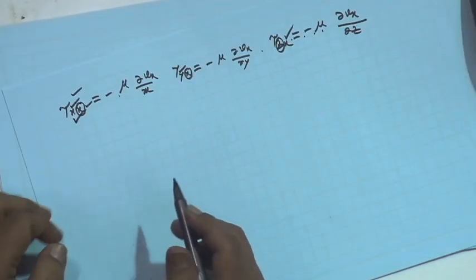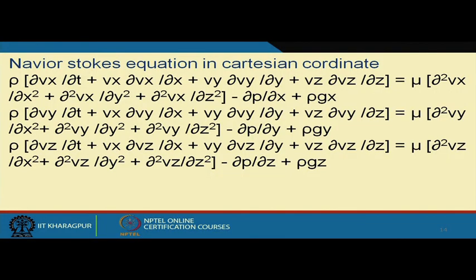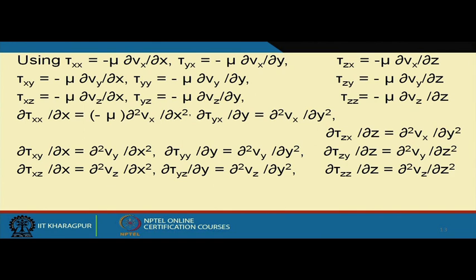Similarly tau yz will be del Vz del y. So, keeping all these in mind, we substitute them in this equation.